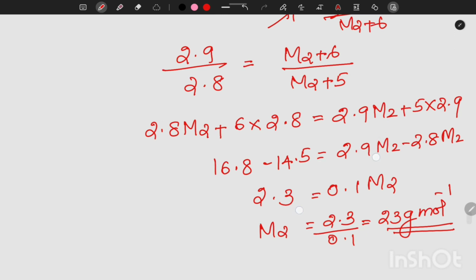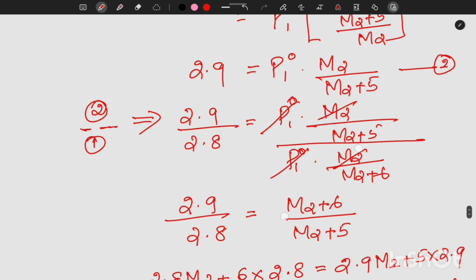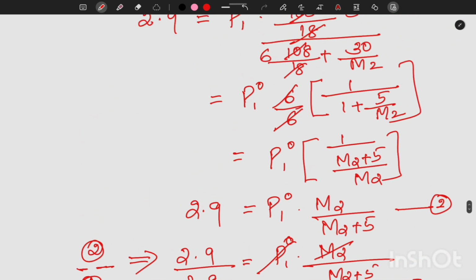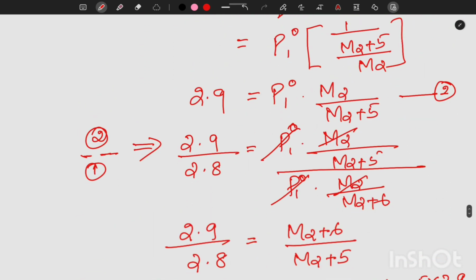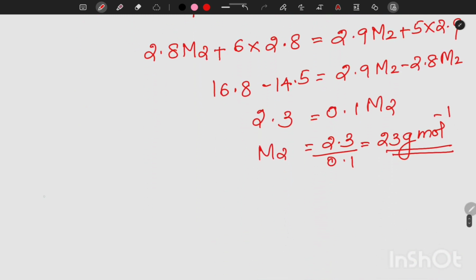Now let us substitute this molar mass in one of the equations and we can find out the value of P1⁰. So let us take the equation P1 is equal to P1⁰ χ1. So 2.8 is equal to P1⁰ into M2 by M2 plus 6.